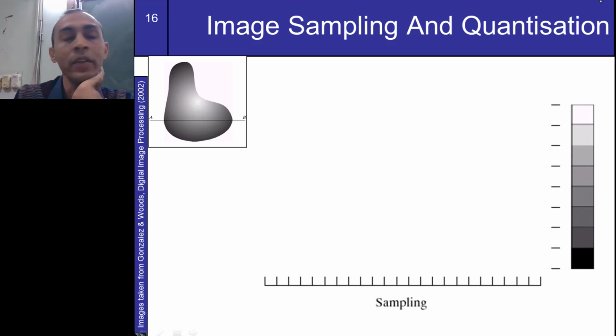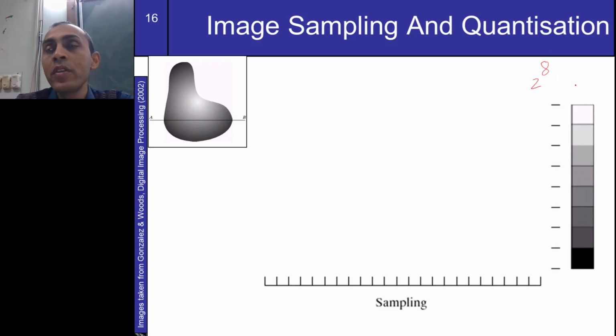If you are storing only positive values, let us say, how many levels can you have with 8 bits? 2 to the power 8. So with 8 bits we can have 2 to the power 8 values.